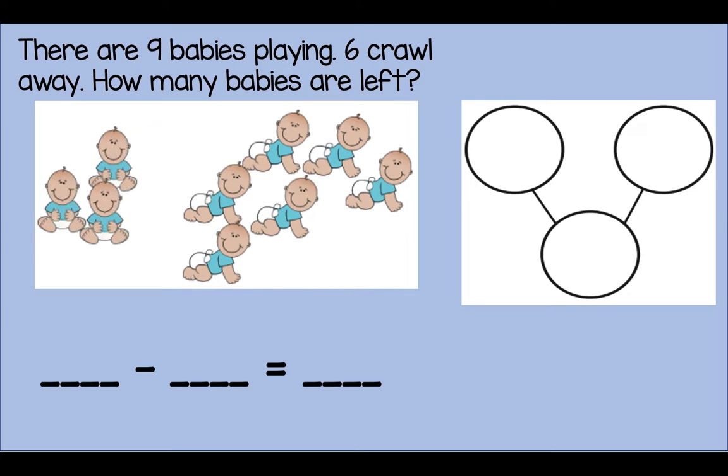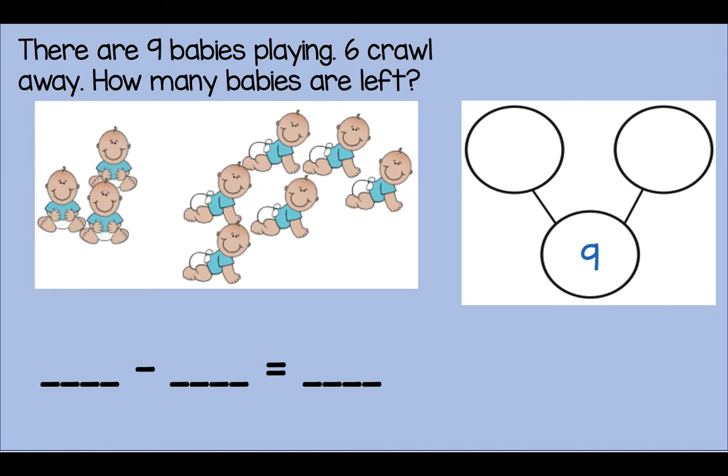I'm going to go over the answer now so we can keep moving along. All right, so it says there are 9 babies playing. I don't have to draw those 9 babies because I already have them in this picture. And then in my number bond, my parts always slide to the whole. My whole goes here. My whole is 9 because that's the biggest number.